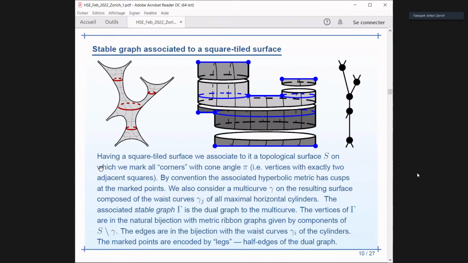There is a way to choose a hyperbolic metric which would be reasonable, but you can consider this as a topological picture, with any hyperbolic metric with this collection of cusps. There is no distinguished hyperbolic metric. There is a bunch of hyperbolic metrics with this property.